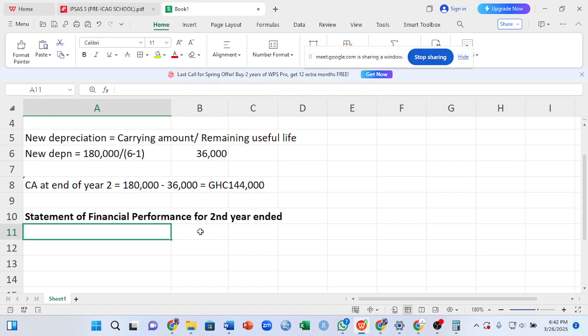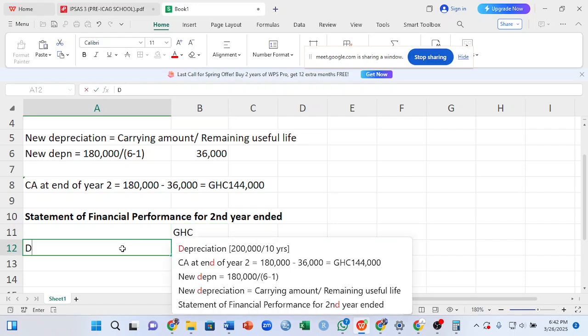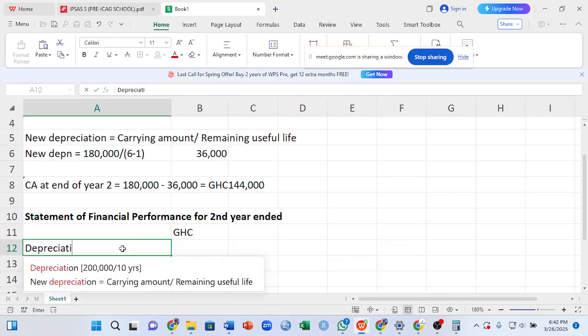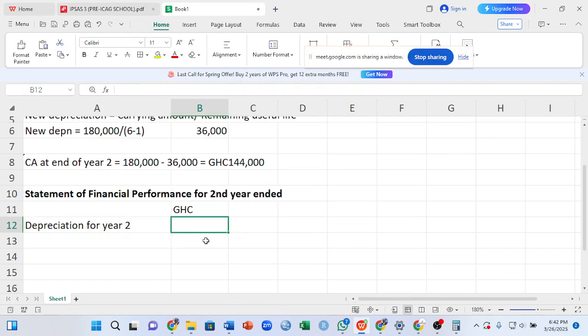They didn't give us a date, so I'm just doing second year ended. Then here what we need to bring in is the year two depreciation, which was clearly 36,000. So we bring the 36,000 there.